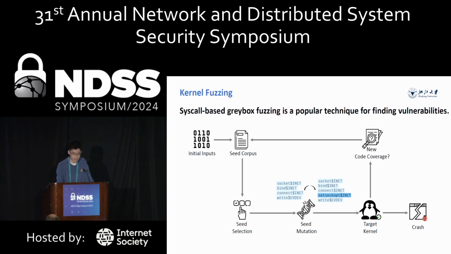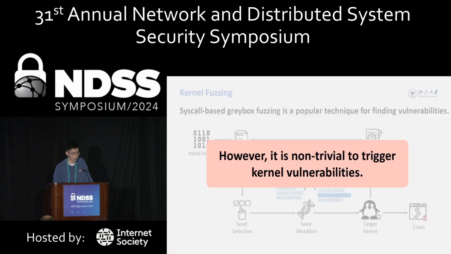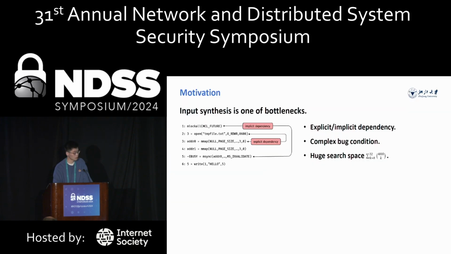The test cases consist of syscall sequences. However, it's non-trivial to trigger kernel vulnerabilities. Despite recent progress, like Healer, constructing high-quality inputs is one of the bottlenecks constraining efficient kernel fuzzing.